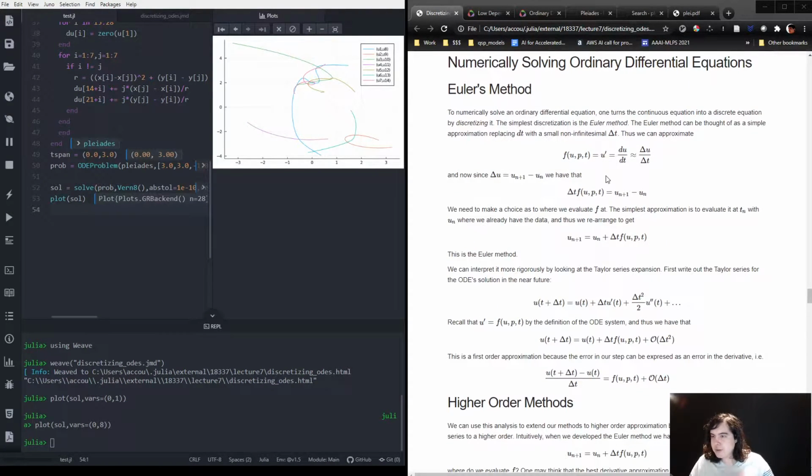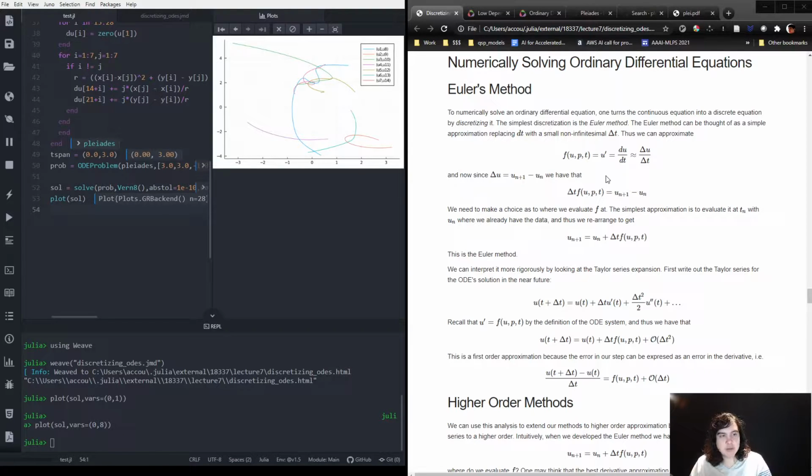So how do you actually numerically solve an ordinary differential equation? As hinted a few times, you turn it into a discrete equation. The simplest approximation, the Euler method, can be understood as replacing your infinitesimal quantity dt by a non-infinitesimal quantity delta t.